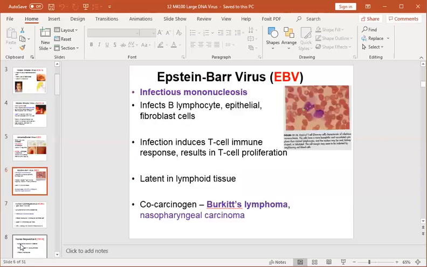Moving to slide number 6. Another virus within the Herpesviridae family is called EBV, or Epstein-Barr virus. Epstein-Barr virus causes infectious mononucleosis, or IM. Epstein-Barr virus infects B lymphocytes, those lymphocytes that are part of the humoral immune response, epithelial cells, and fibroblast cells.